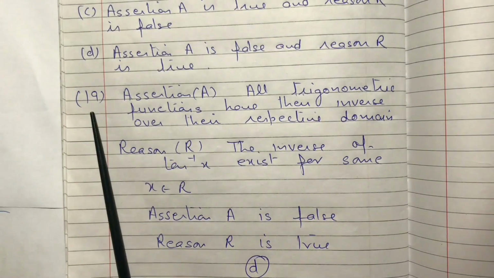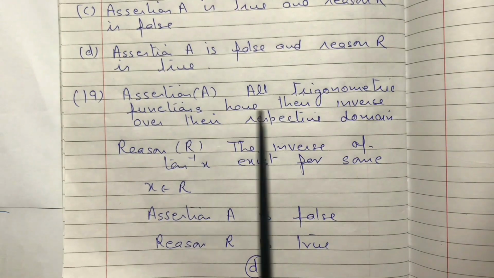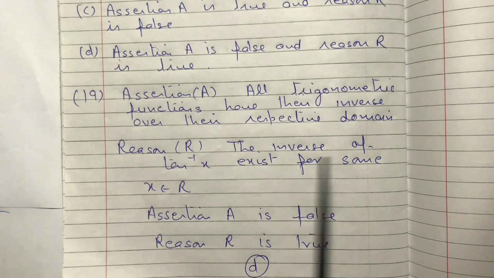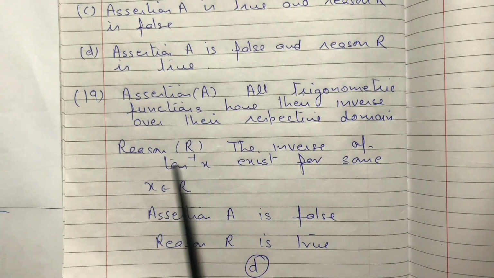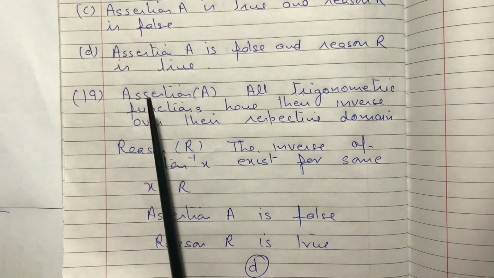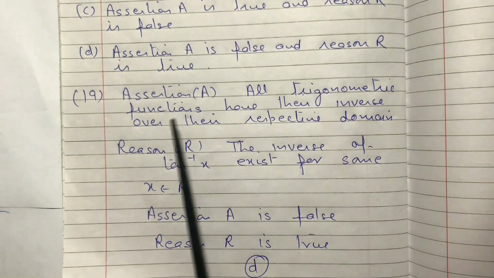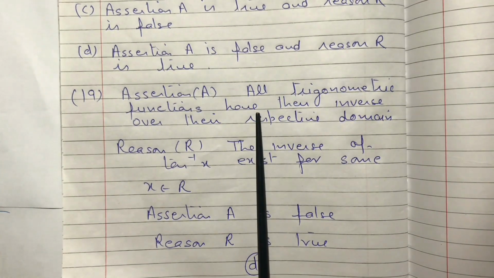now this is 19th question, assertion A, all trigonometric functions have their inverse over their respective domain. Reason R, the inverse of tan inverse x exists for some x belongs to R. So reason R is true. And what about this assertion A? All trigonometric functions have their inverse over their respective domain. This is false statement.